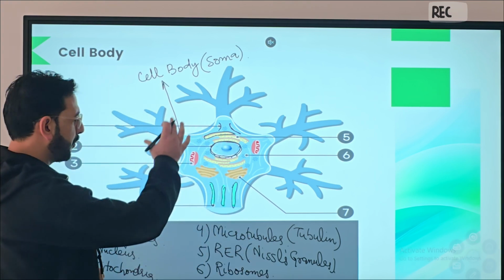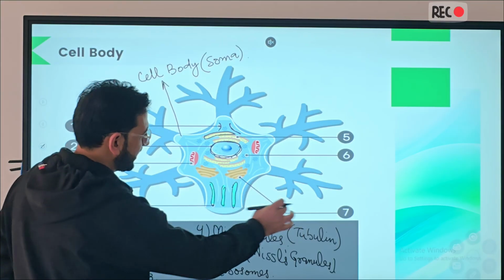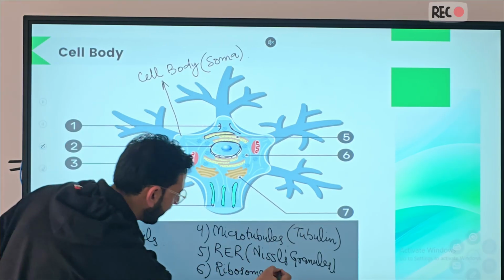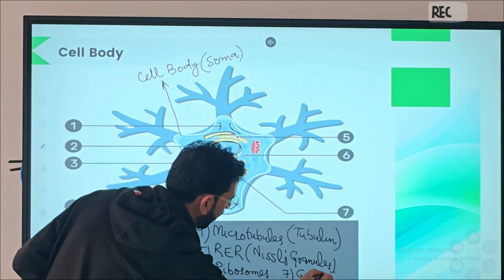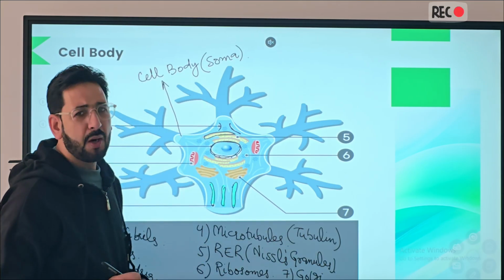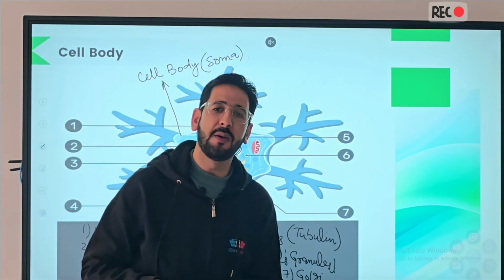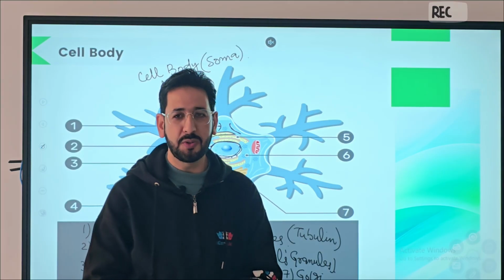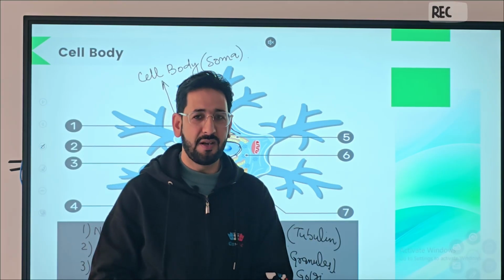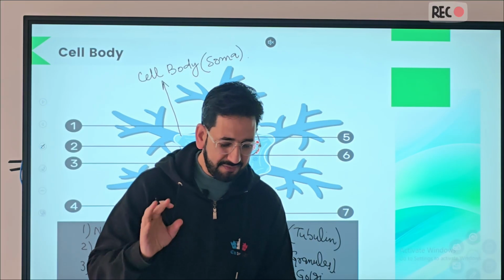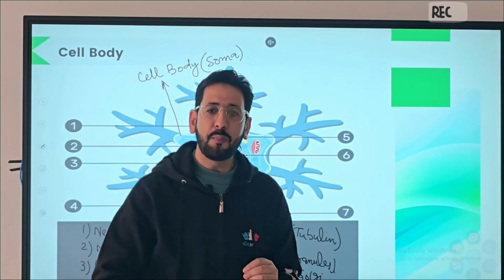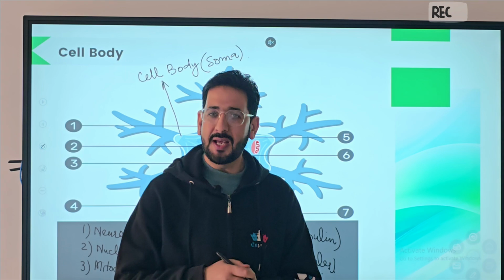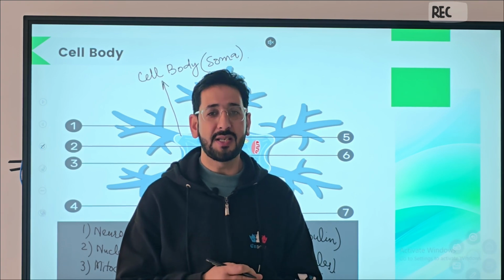So these are some important structures. Yes, one more important thing is there is another structure that I will write here, and that is called the Golgi apparatus or Golgi body. Now, Golgi, we all know that it is involved in the processing and packaging of the proteins that are synthesized in the rough endoplasmic reticulum. Anyway, now we have seen that these are the important parts present inside the neuron cell body.